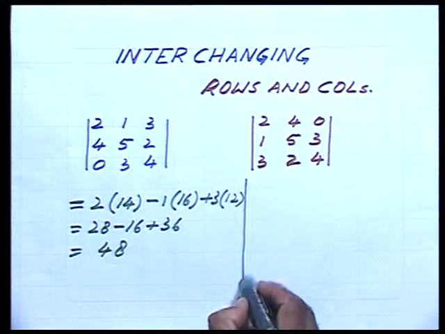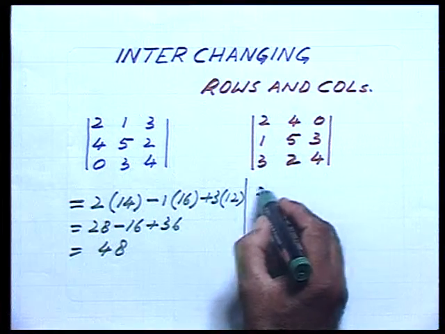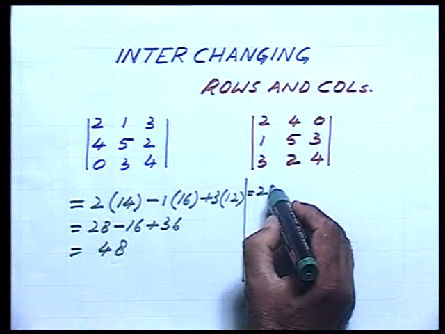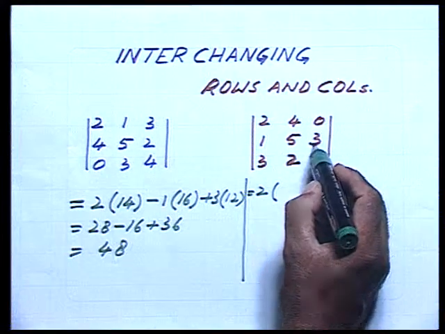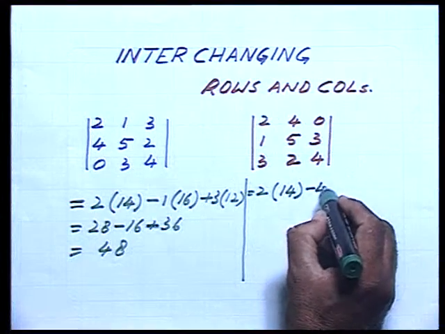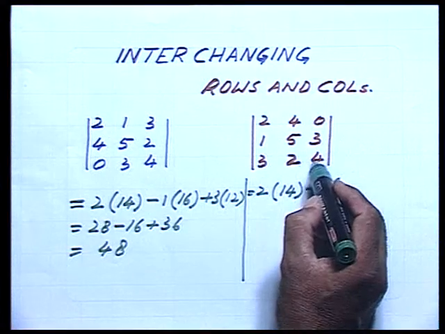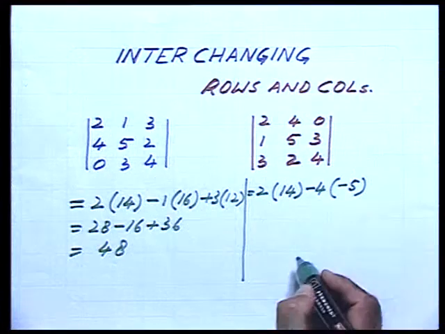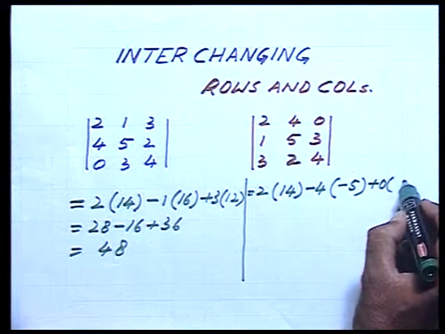Now, let us try the same thing with this changed determinant. If we once again expand it by using the first row, 2 into 5 4s are 20 minus 6, 20 minus 6 is 14, minus 4, this gone, 1 4s are 4 minus 9, 4 minus 9 is minus 5 and then 0, because no matter what comes in between this is going to be 0.